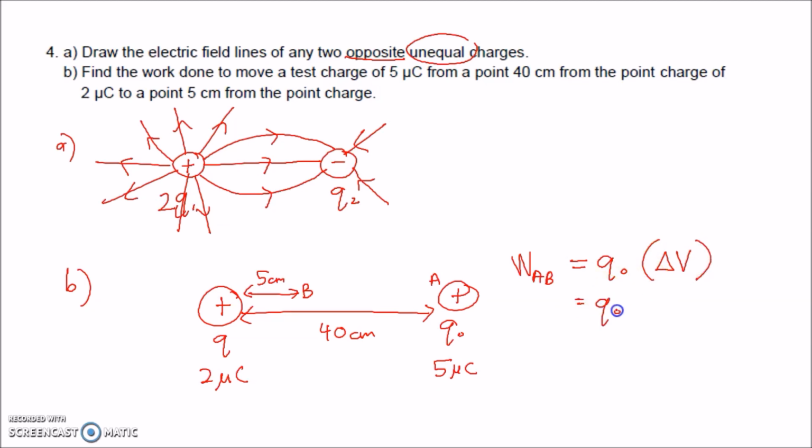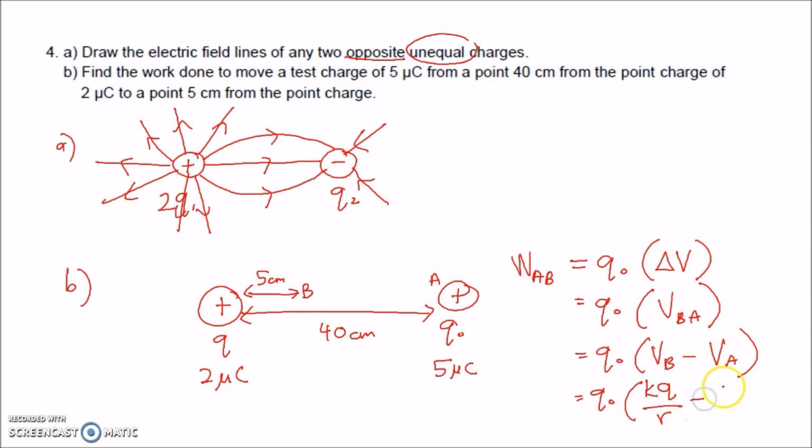The potential difference will be from final to initial, VBA. So Q0 times (VB minus VA). Q0 is 5 microcoulomb. Meanwhile, VB you can get from this equation, kQ over r, minus VA, kQ over r. Substitute the value. Make sure you know which one is initial, which one is final.